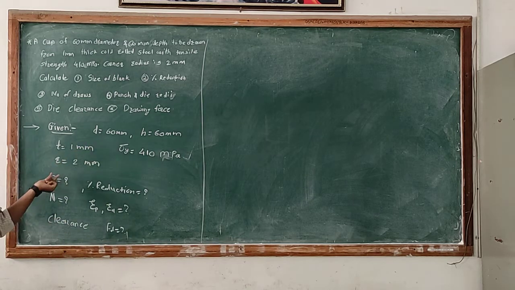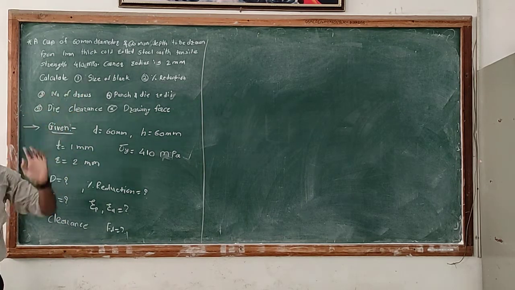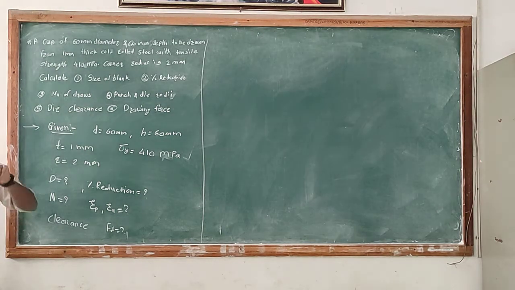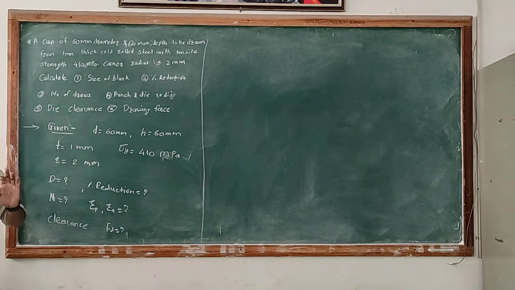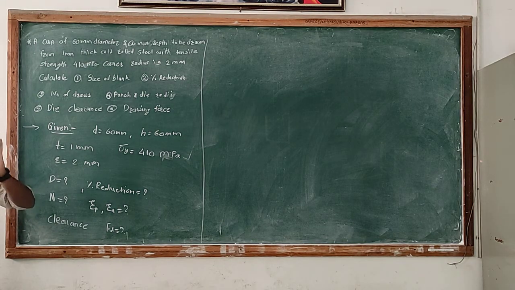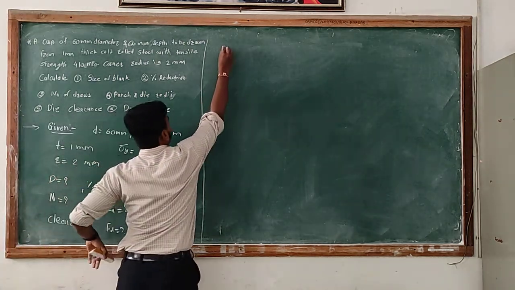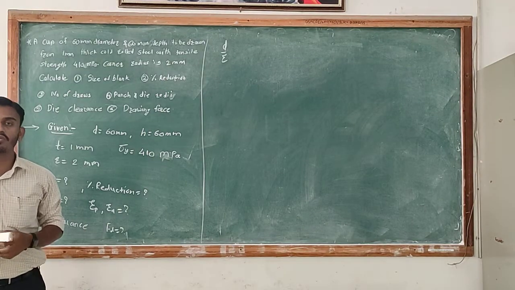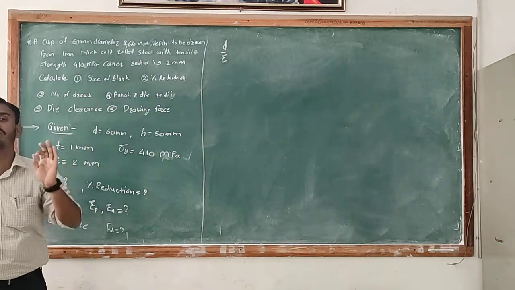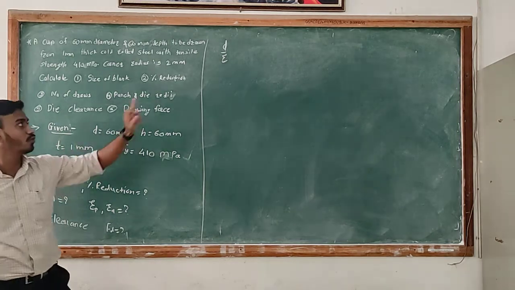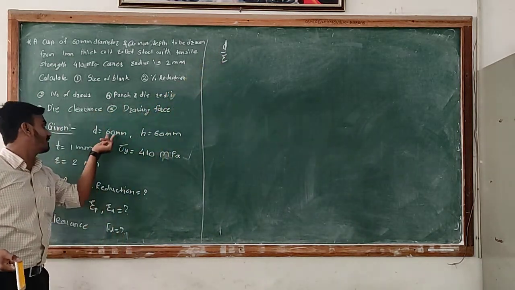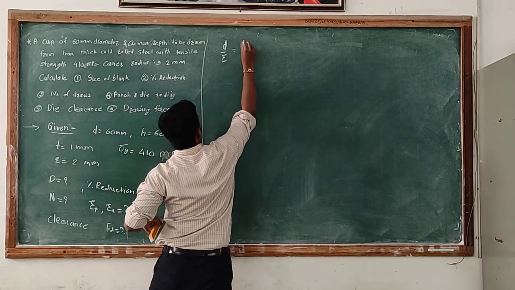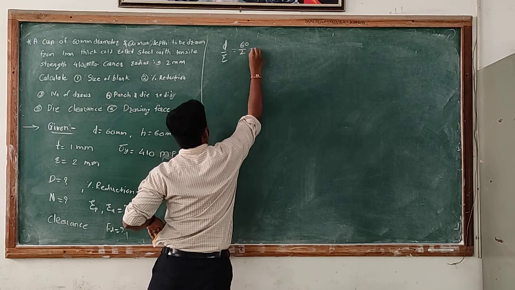First we have to calculate the blank size. We have a formula for capital D, but this depends on the small d by r ratio. First of all, we need to calculate the small d by r ratio, and as per this ratio we will decide the formula for capital D. Small d is 60, r is 2, so 60 divided by 2 is equal to 30.